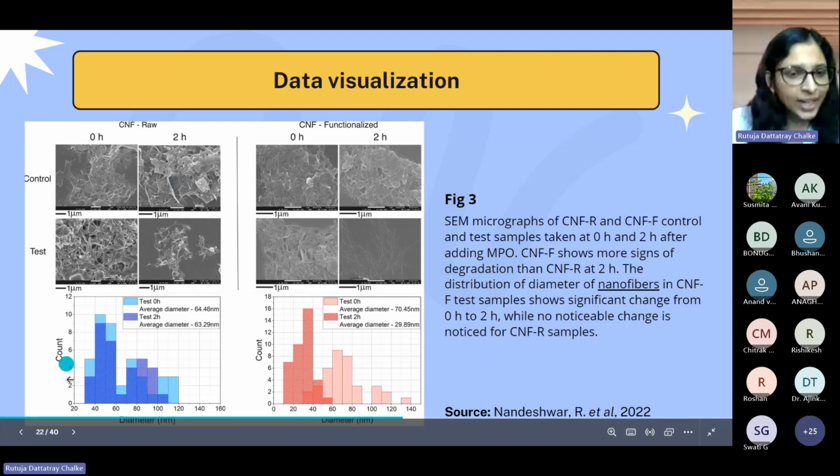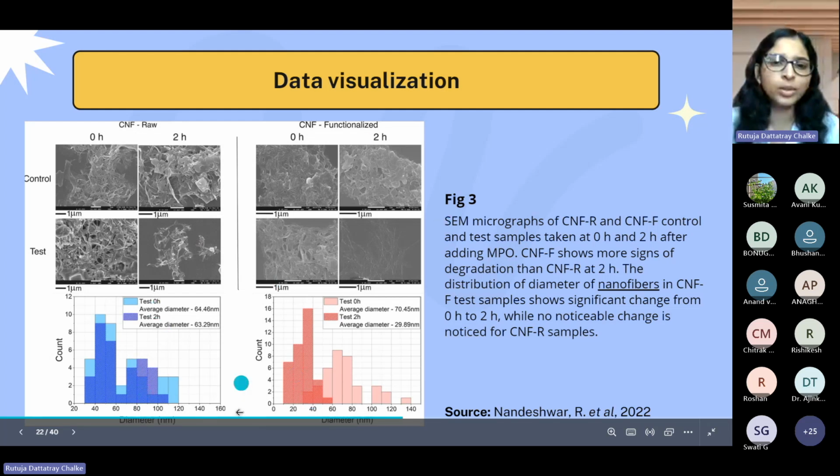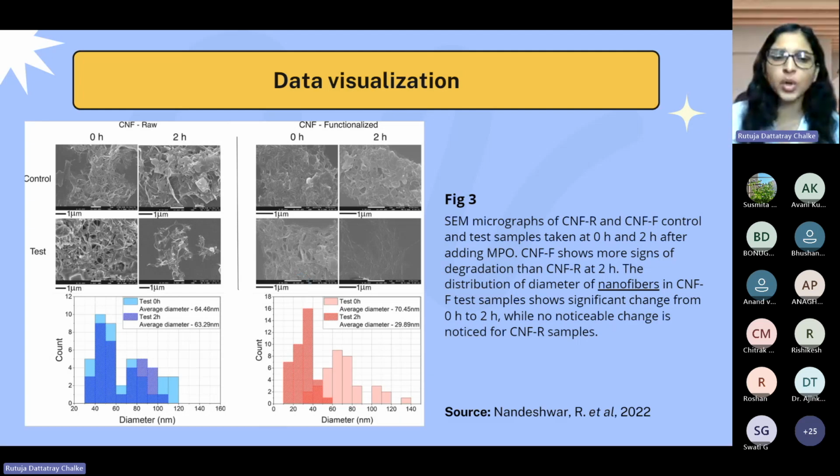Now, when you see the degradation happening in the raw sample and in the functionalized sample, it is very clear from the graph that there is no noticeable change in the raw sample as compared to the functionalized sample. So this message, that the difference was not noticeable in raw and is very noticeable in the functionalized sample, is clearly explained with the help of the visuals.